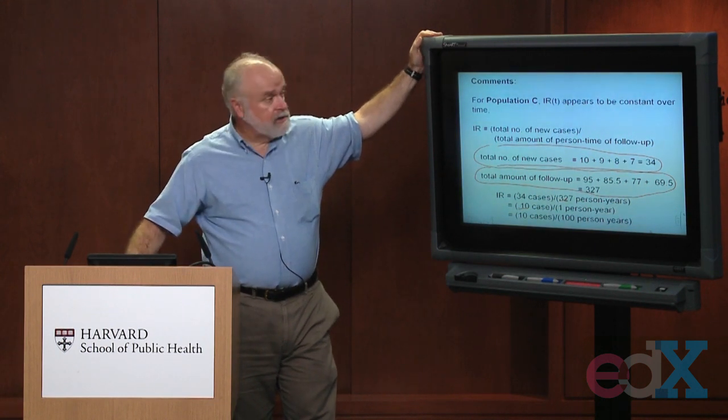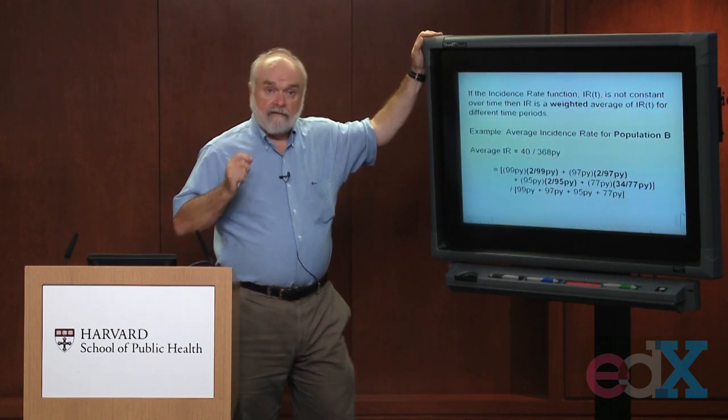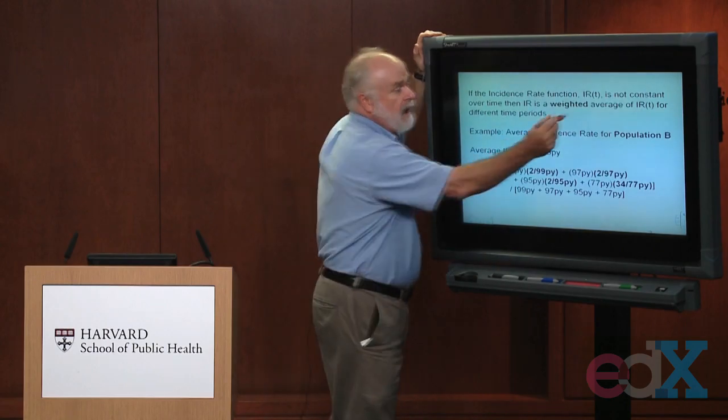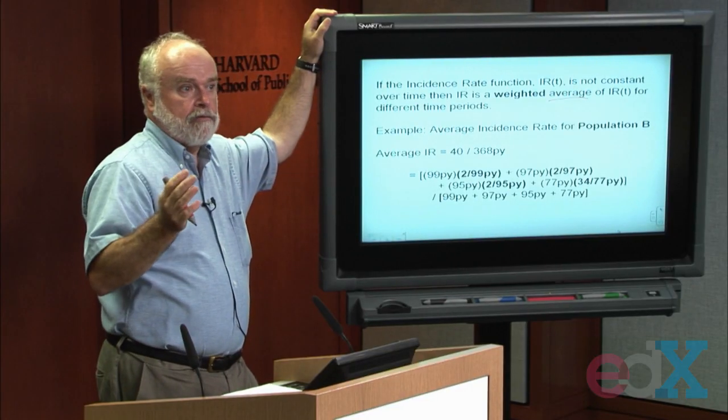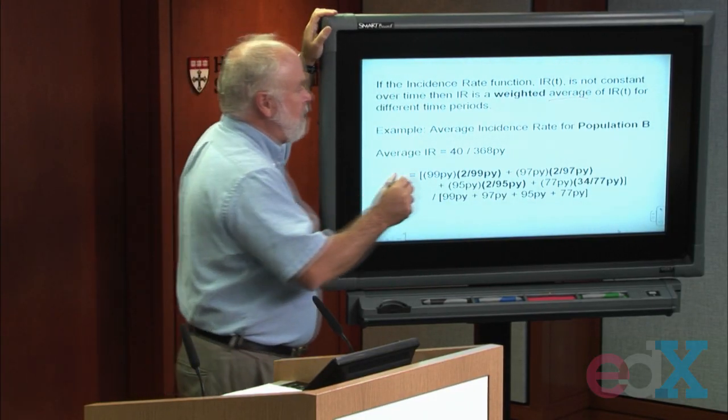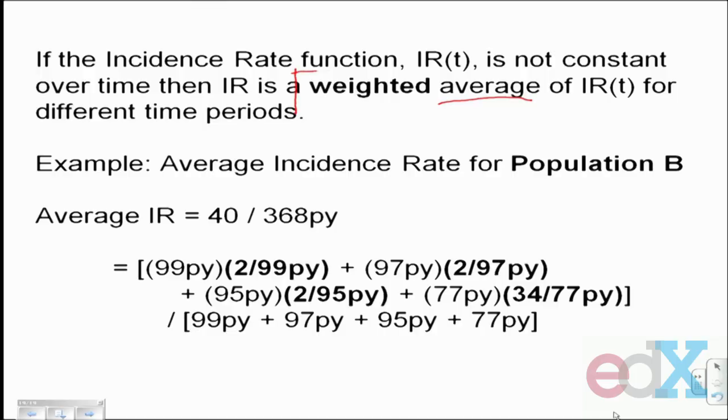For a different population, like population B, if I do this calculation, what I'm getting is an average of the different incidence rates that were very low in the first 3 years and very high in the 4th year. Numerically, it is really a weighted average.